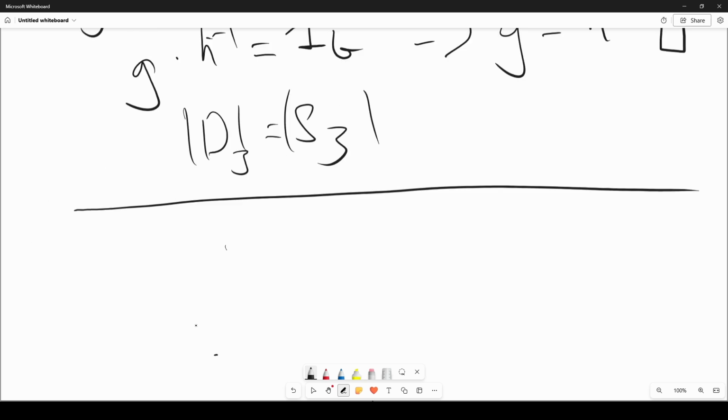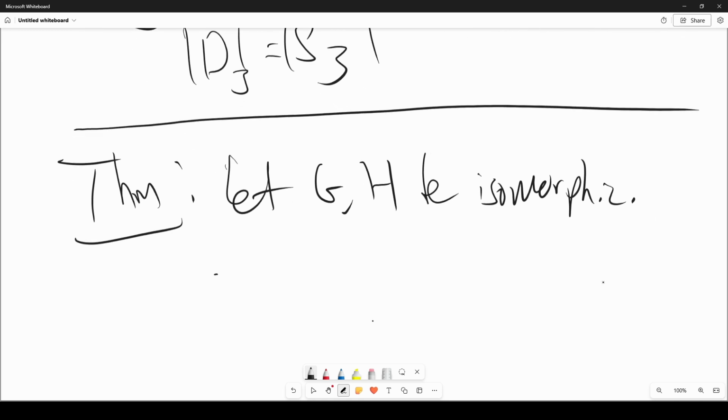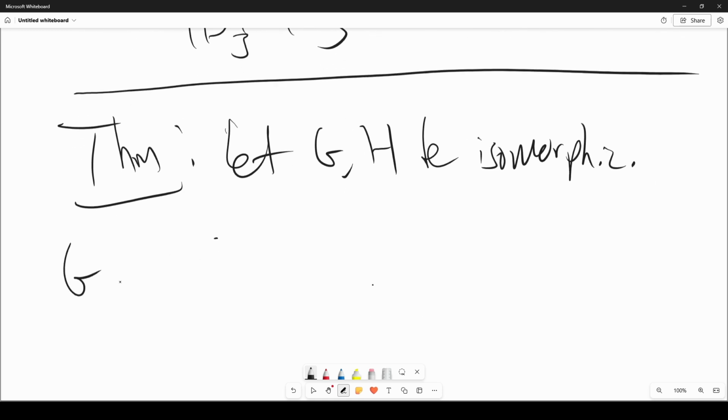Now we're going to prove some other theorems about isomorphic groups that are very helpful. So let G and H be isomorphic. We get G is abelian if and only if H is abelian.